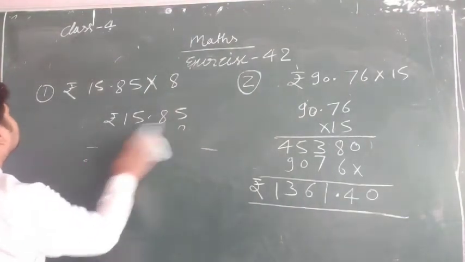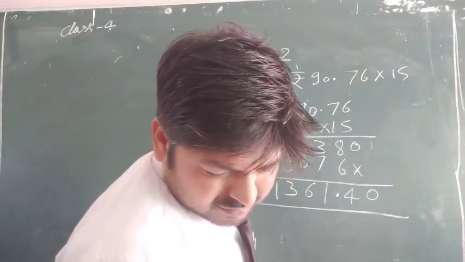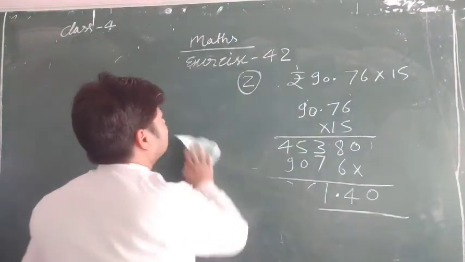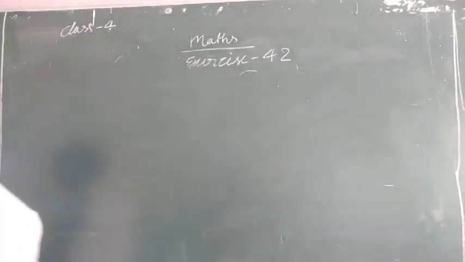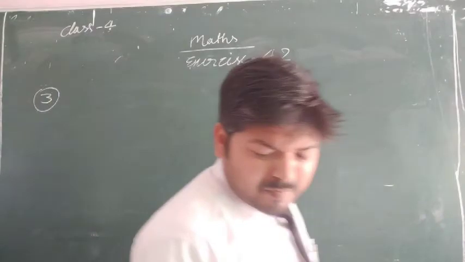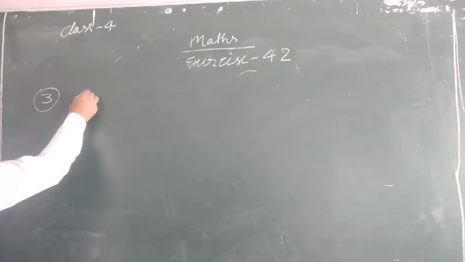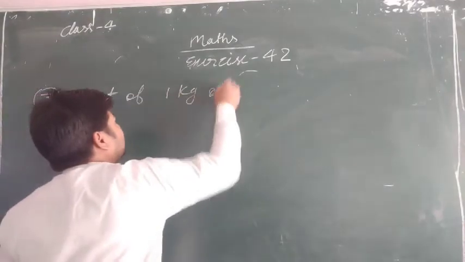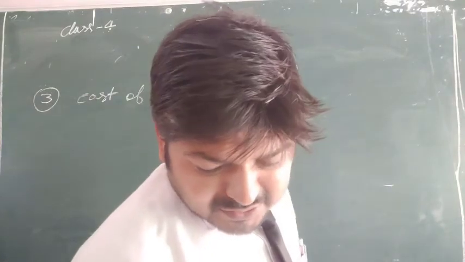Now I am going to tell you question number 3. Cost of 1 kg of rice is rupees 63.5.